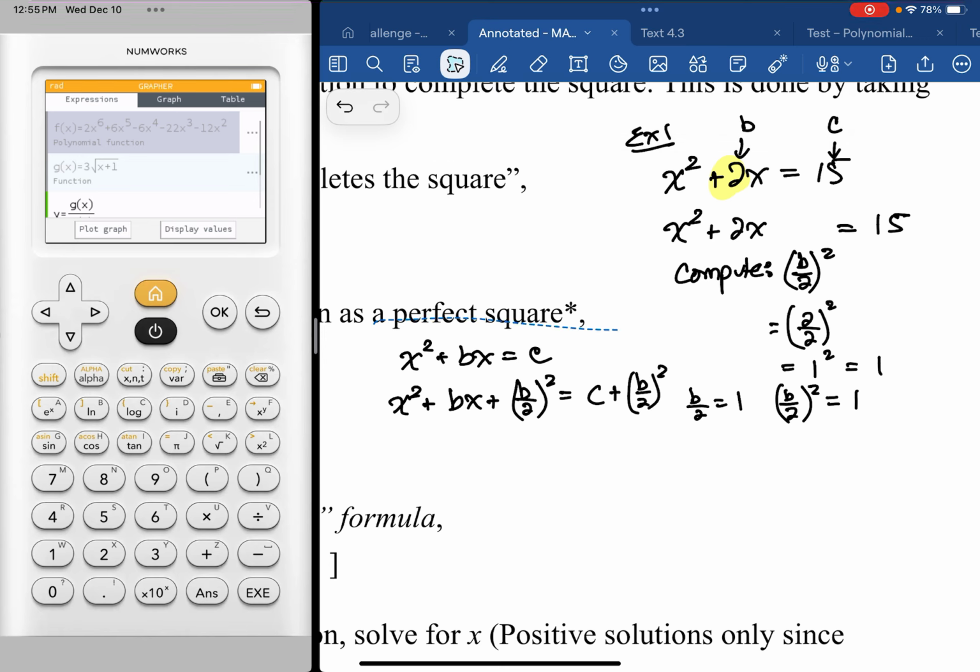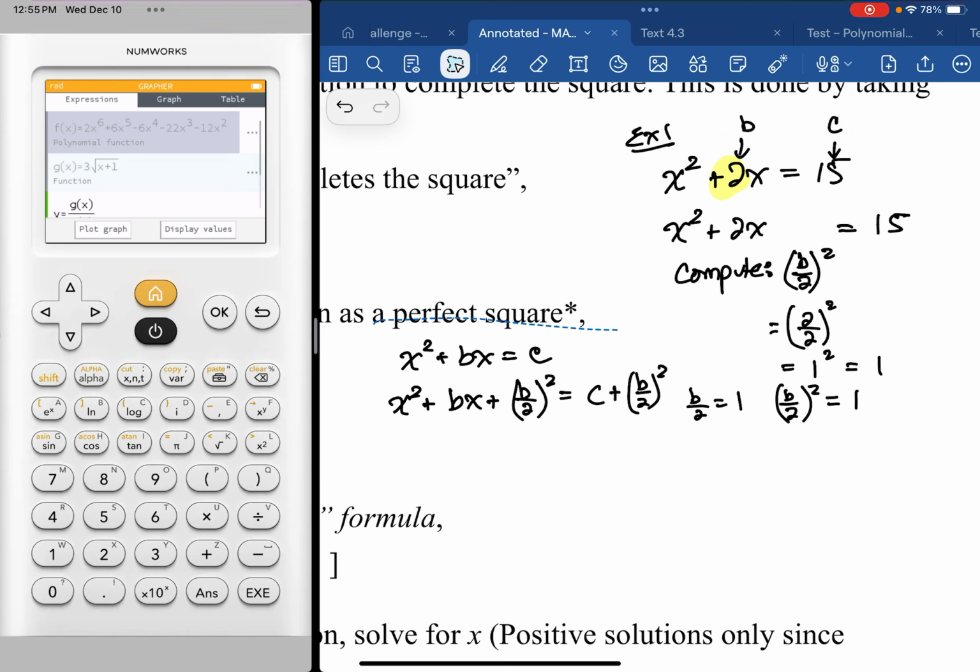Then we would take the square root of both sides of the equation, only accounting for the positive. That's going to give me an x plus 1, because the root and the power of 2 offset each other. The square root of 16 is going to be a 4.